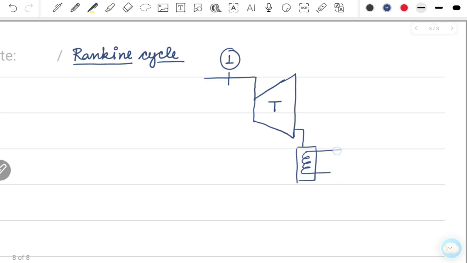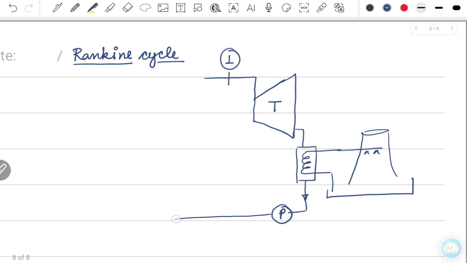And what is happening here? This is basically a cooling tower. So energy is being lost here. Now this is liquid. So this moves to the pump which supplies this to the boiler.